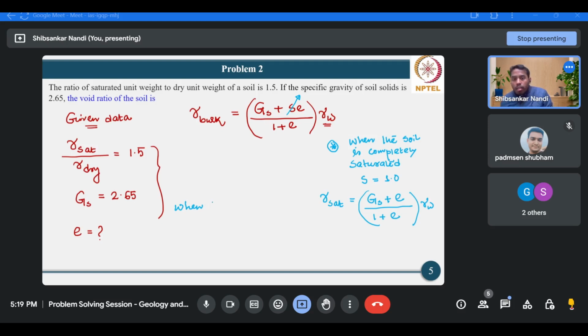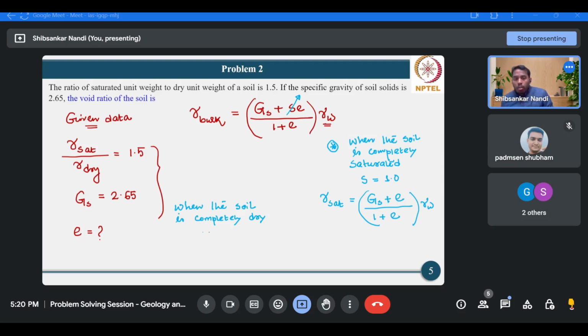Completely dry means there is no water inside the soil mass, so VW is 0 and obviously the S value will be 0, since the definition of S is the ratio of volume of water to volume of voids.